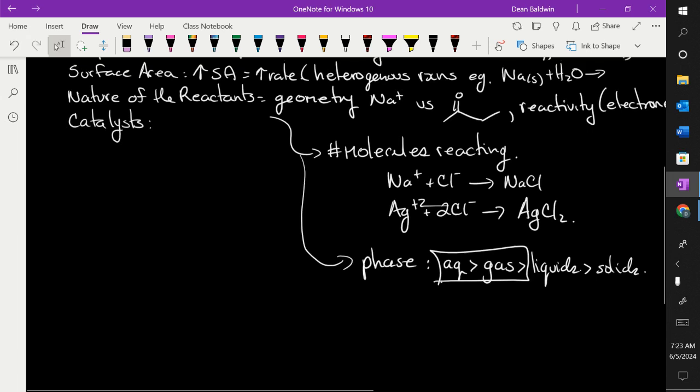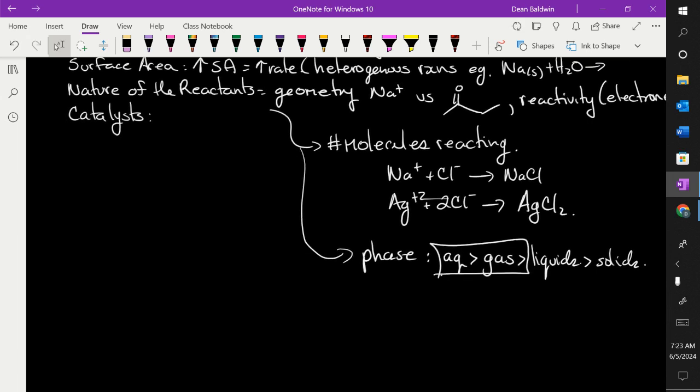All right, the final thing that can increase the reaction rate is catalysts. So if you remember, catalysts lower the activation energy. So you have your curve, there's your reaction curve, that's the uncatalyzed. The catalyzed reaction, you start at the same place, you end at the same place, except you know, lower activation energy.